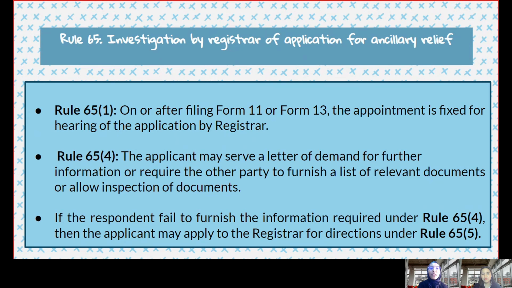According to Rule 65, Paragraph 4, the applicant may also serve a letter of demand for further information, or require the other party to furnish a list of relevant documents or allow inspection of documents. And if the respondent fails to furnish the information required under Rule 65, Paragraph 4, then the applicant may apply to the registrar for direction under Rule 65, Paragraph 5.